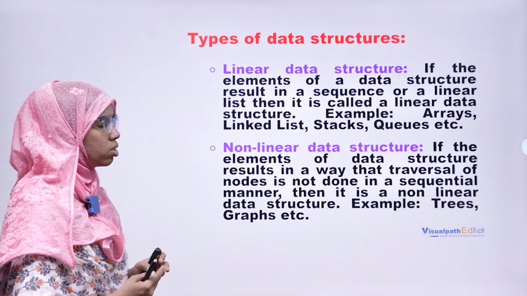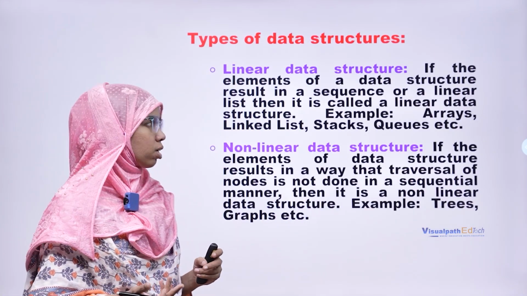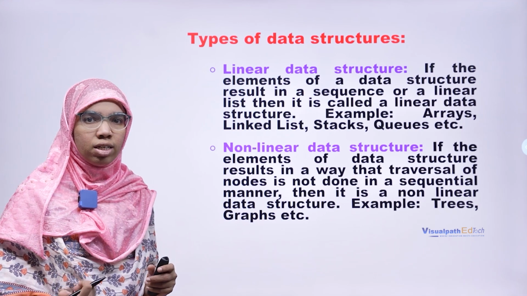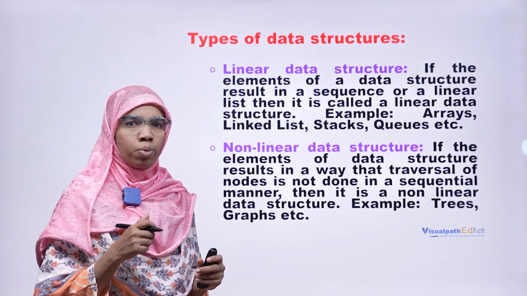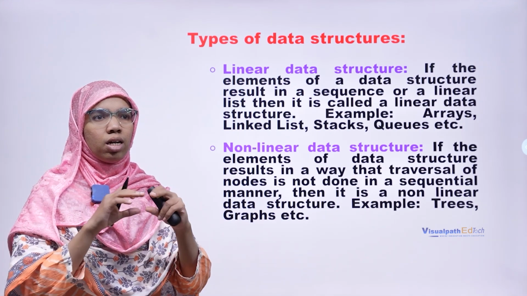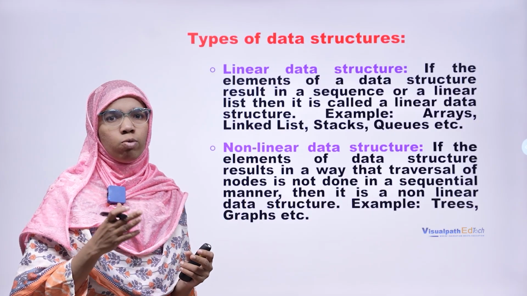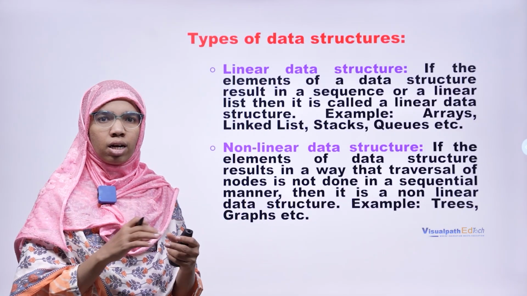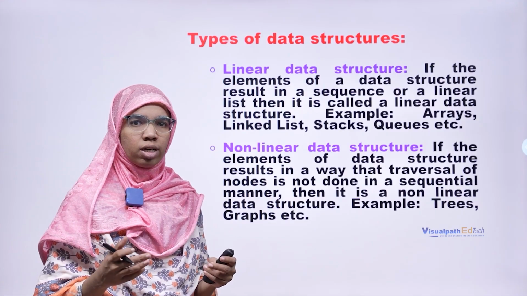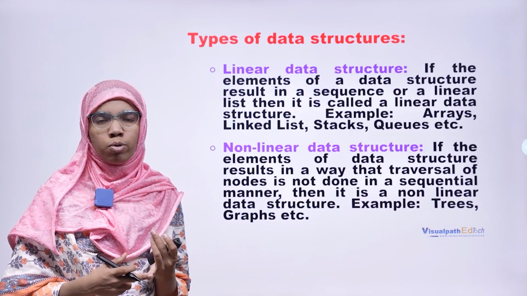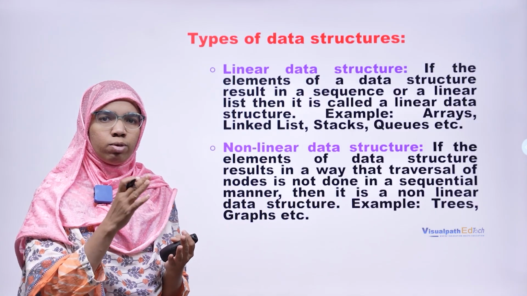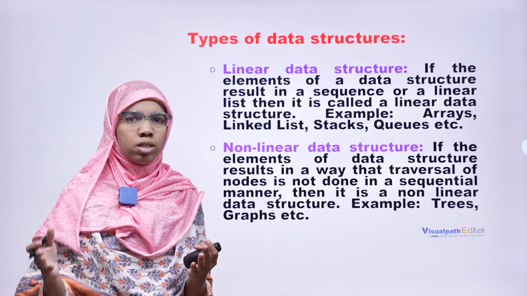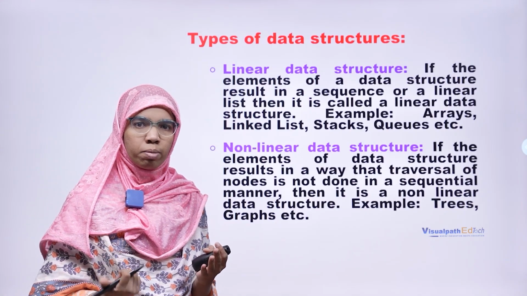Now let us understand what are the various types of data structures. The first one is a linear data structure, meaning the sequential format in which we are storing the data, sequential order, like in the line format. If you are storing the data in the line format, it can be the example of an array, where we store the elements in the sequential order of memory.